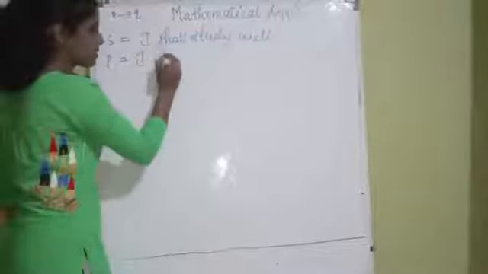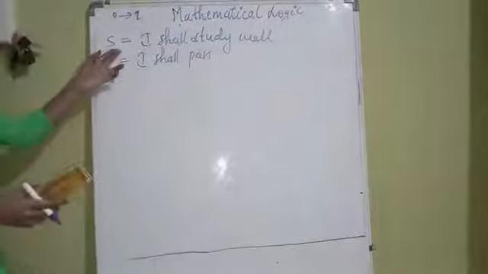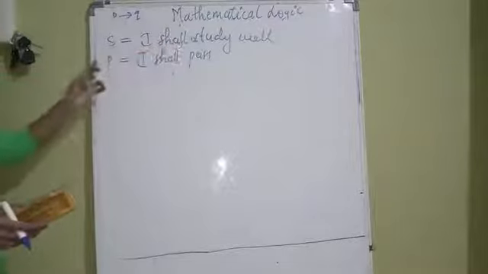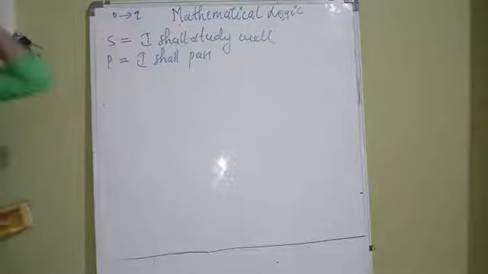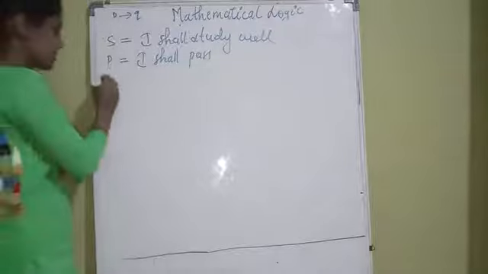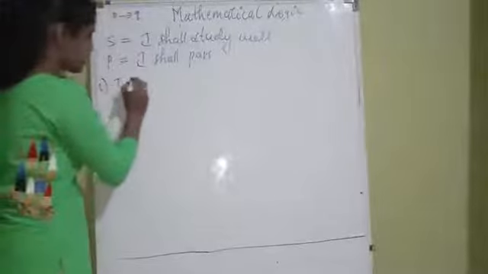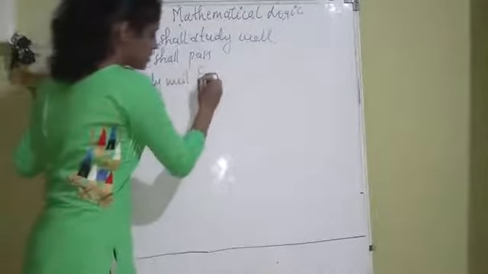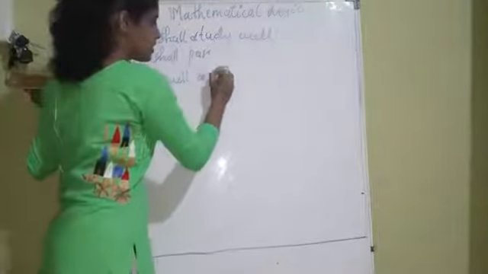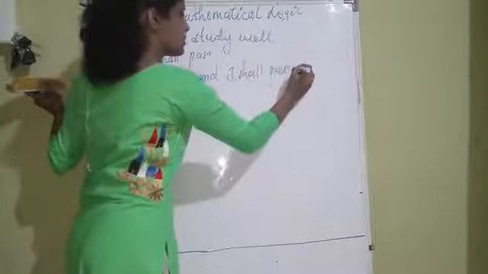So the first statement we have denoted by S, that is I shall study well. The next statement we have denoted by P, which is I shall pass. Now see, we'll write these statements using symbols. So first is I study well and I shall pass.